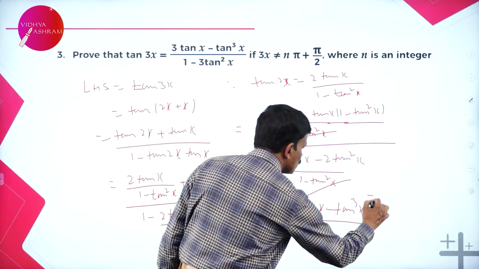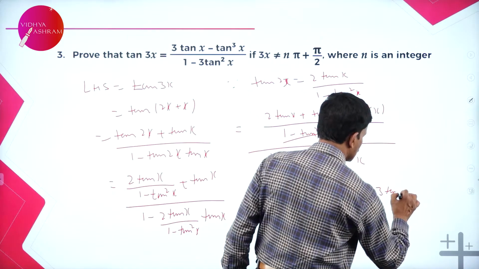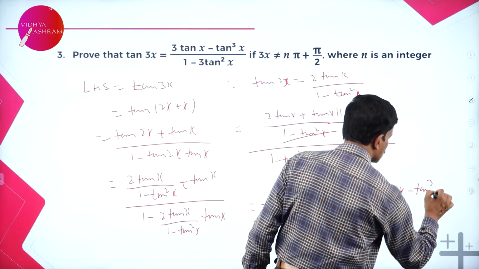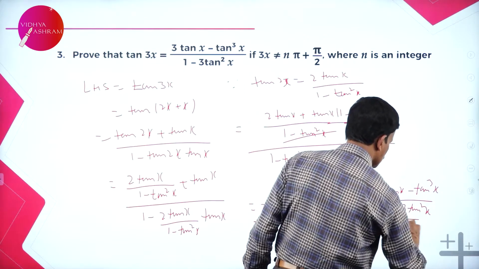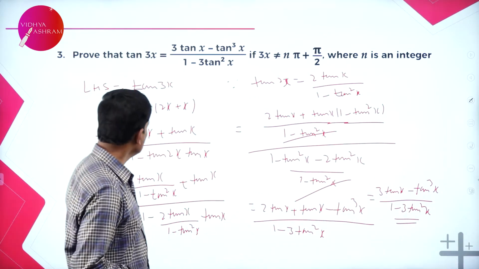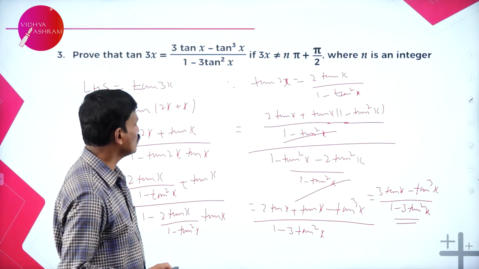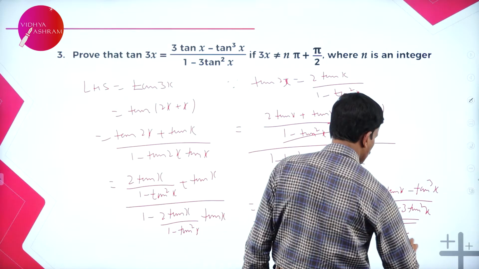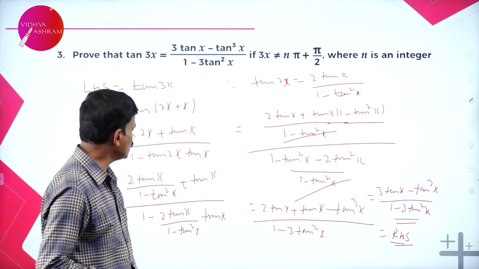So this can be written as 2 tan x plus 1 tan x is 3 tan x minus tan cube x divided by 1 minus 3 tan square x. That's it. See? So this is the RHS, (3 tan x minus tan cube x) divided by (1 minus 3 tan square x), which is the required RHS. That's it. Hope you followed. Very simple. That's it. Okay.